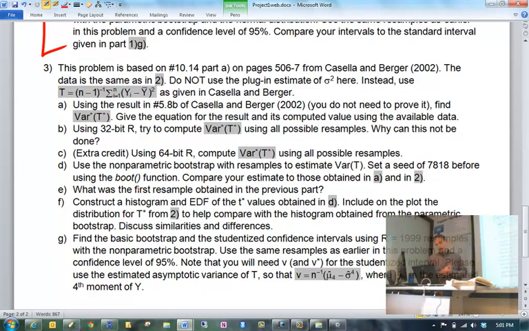Then number 3. This is based upon number 10.14 in Casella and Berger, Part A. We're going to be working with the sample variance, just like what you did in number 2. So now T is the sample variance, the usual unbiased sample variance.